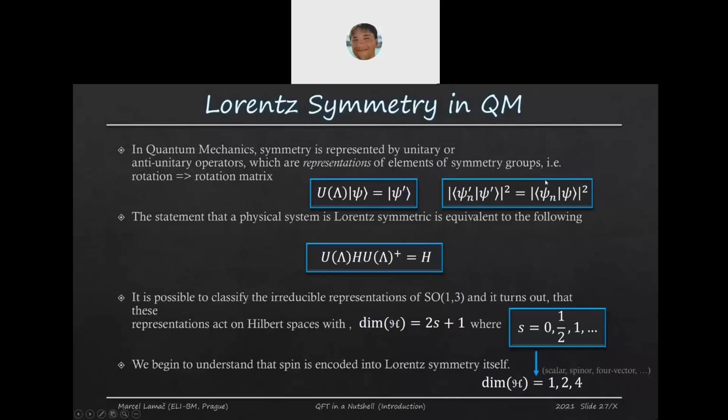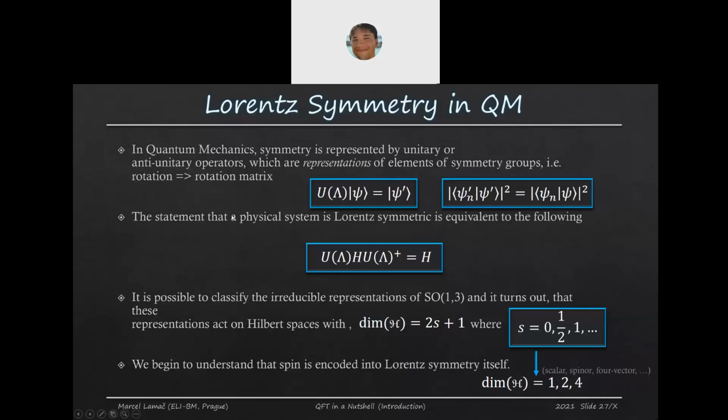And this immediately gives us the definition that the states should be transformed by unitary transformations, because then U plus U is equal to 1 and the transformed probabilities are the same.